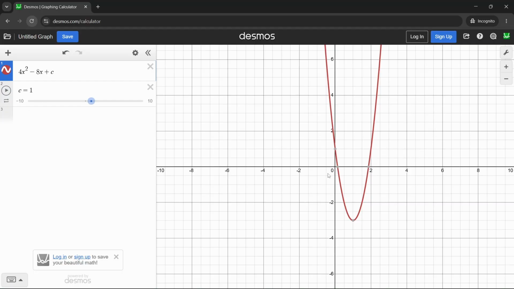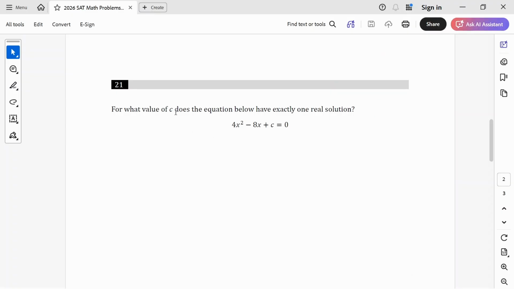The problem asked us, let's look at the problem, what does c have to be in order for this expression to have exactly one real solution? So we are looking for, when does the quadratic have one x-intercept? Because the x-intercept is when the output is 0. So we're looking for changing the value of c to have one x-intercept.